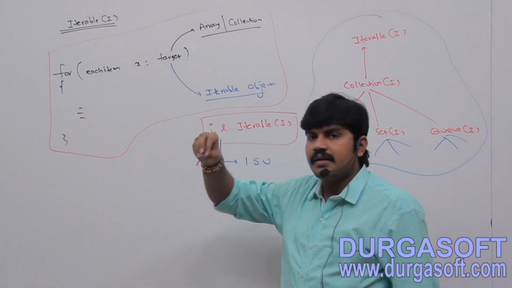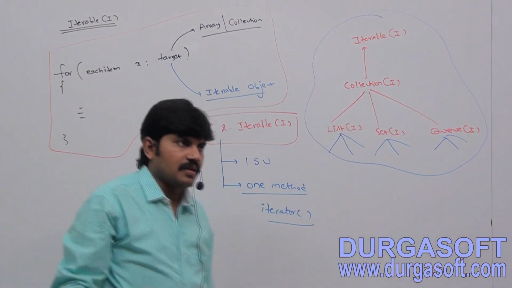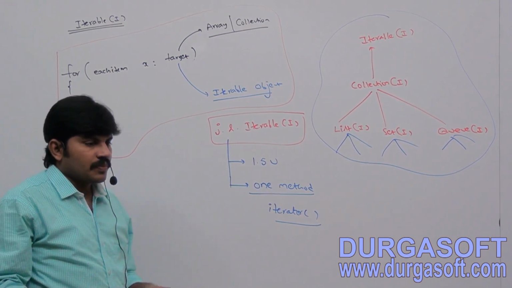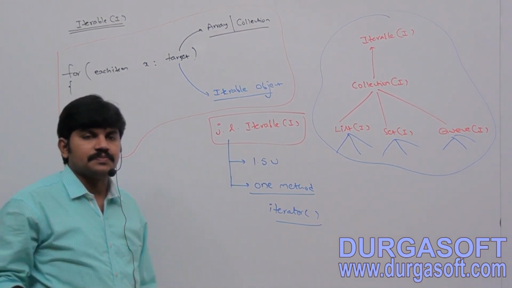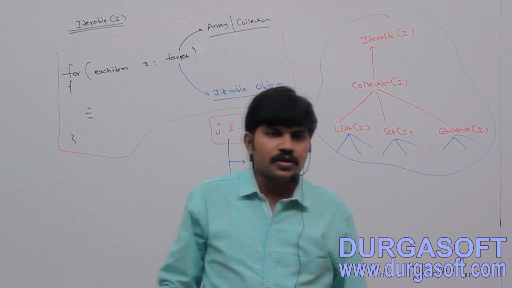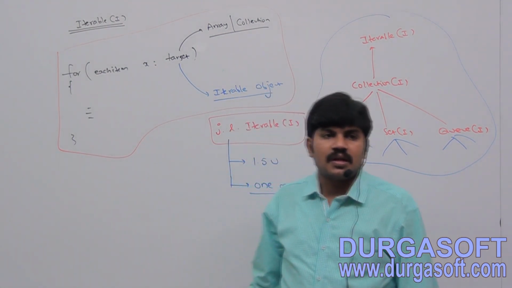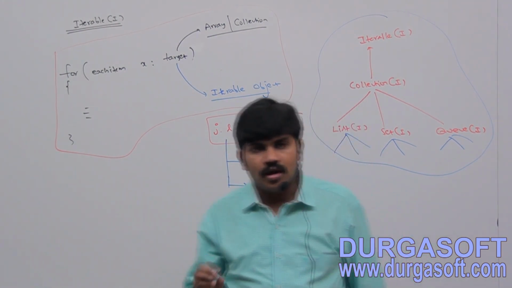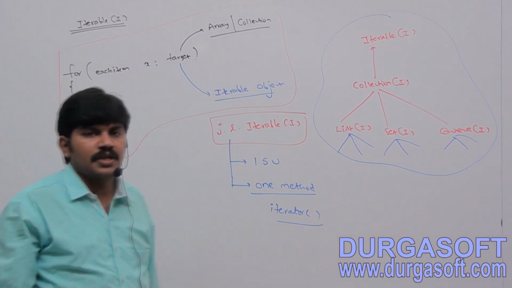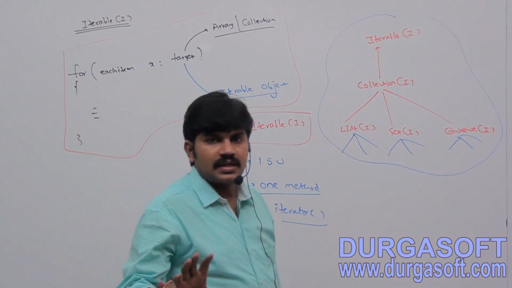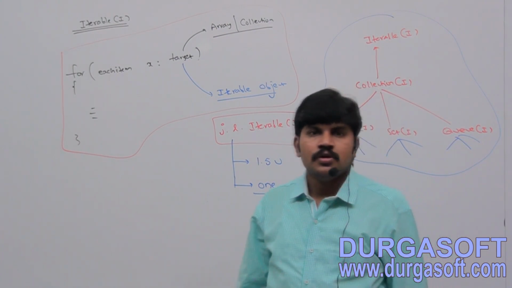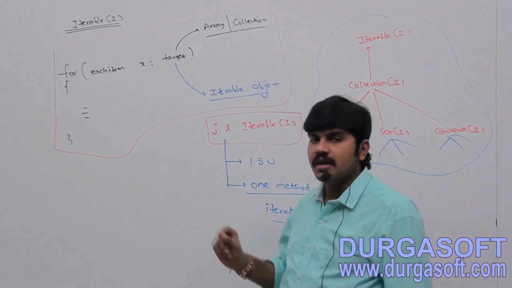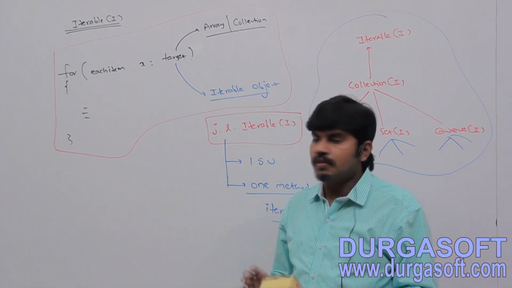The target element in a for each loop should be an iterable object.